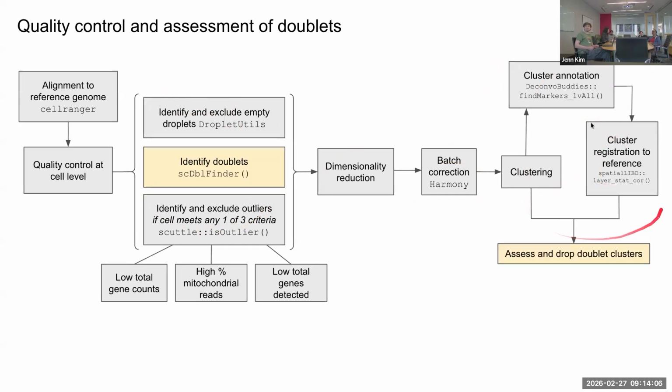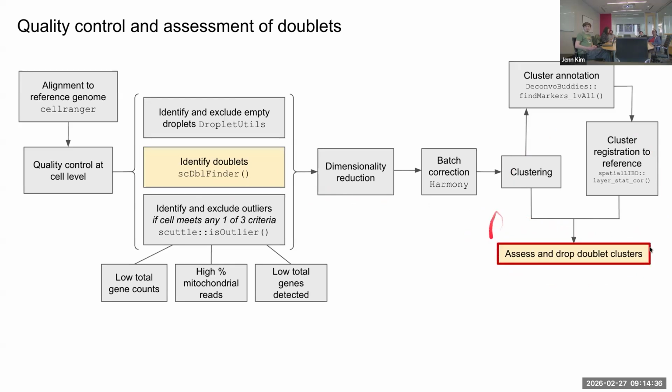This is where we assess these scDblFinder scores and labels a little bit further to ultimately decide which of these to actually drop. Here we make decisions based on how the doublets behave in the clustering. We are trying to cluster out as many of them as possible here. I'll go into a little bit more detail on that.